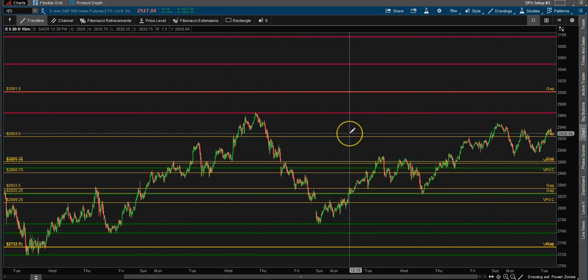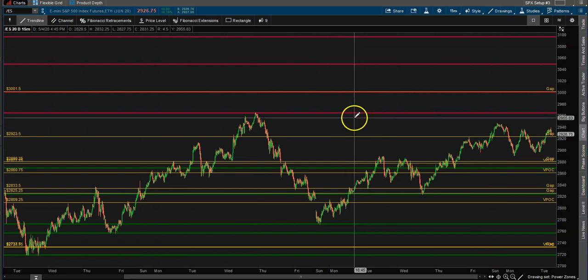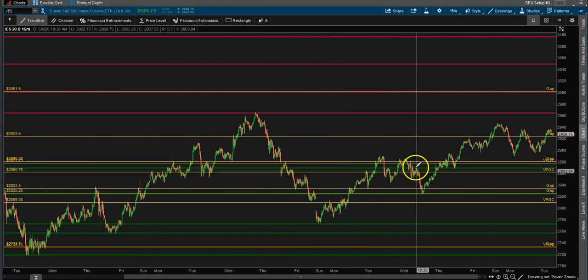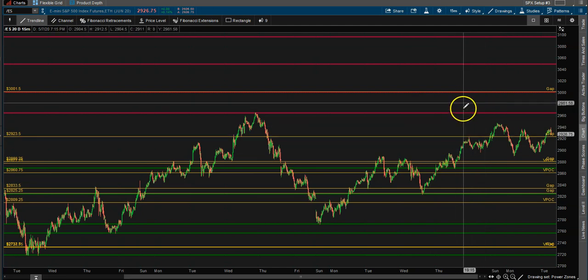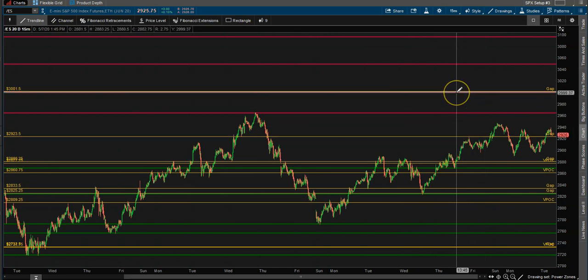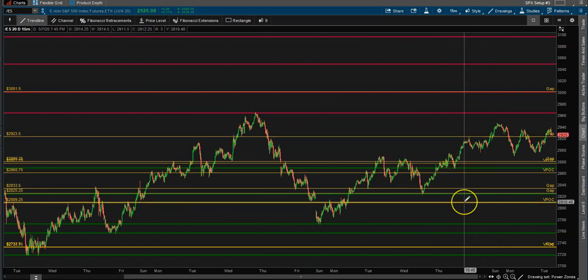What they are is mainly support and resistance levels, where price should bounce from and reverse. The other thing is there are also open gaps and open VPOCs on this chart, which is all included with the trade zones.